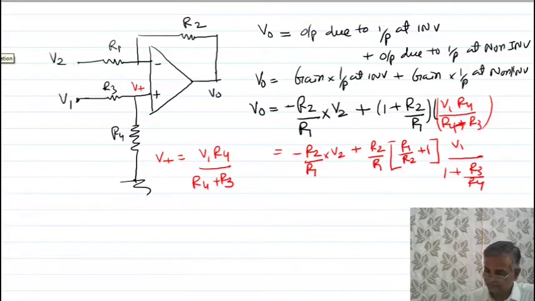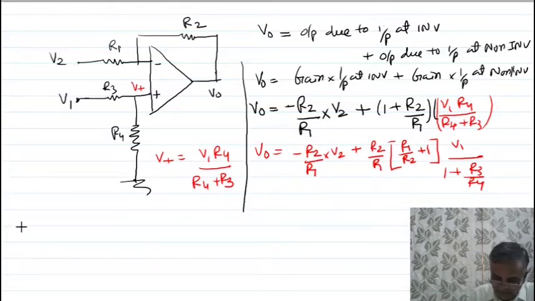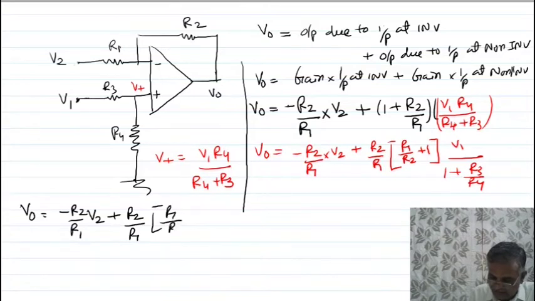Again I am writing, when I am writing this equation of the output voltage, the equation of output voltage is given by minus R2 by R1 into V2 plus R2 by R1 into bracket R1 by R2 plus 1 into V1 upon 1 plus R3 by R4.